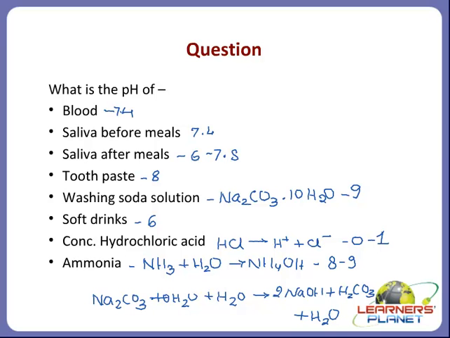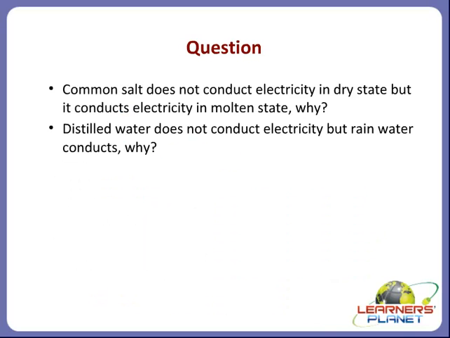Enzymes like trypsin and chymotrypsin, which are present in the intestine, function at alkaline pH. Getting my point? So just go through this once. Whenever you get a question like this, just try to make out what type of medium there should be. Okay, now let's move to our next question.